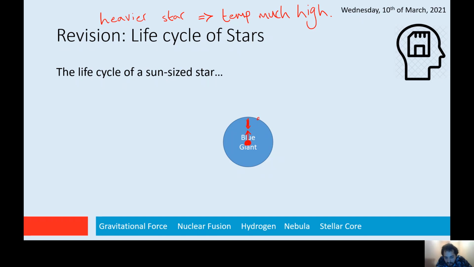You've got the gravitational force again being equal to the nuclear force being released. But after a couple of million years, it will run out of fuel. The force from the nuclear fusion is going to be much bigger than the gravitational force.